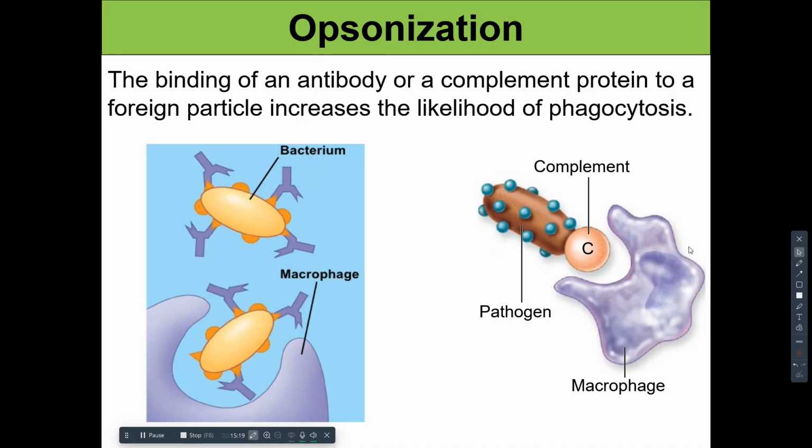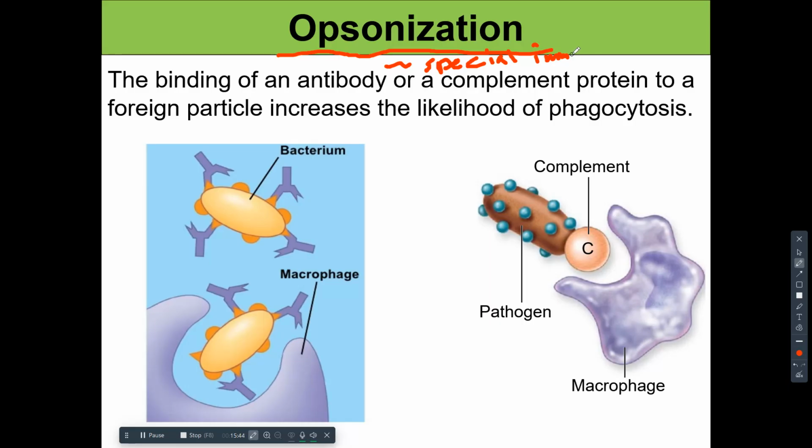Okay, an important related idea is something called opsonization. Opsonization refers to when an antibody, which is a special immune protein that we're going to deal with later, maybe in this video, depends if we do one or two for the immune system.